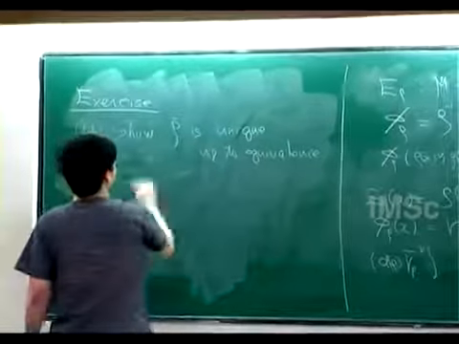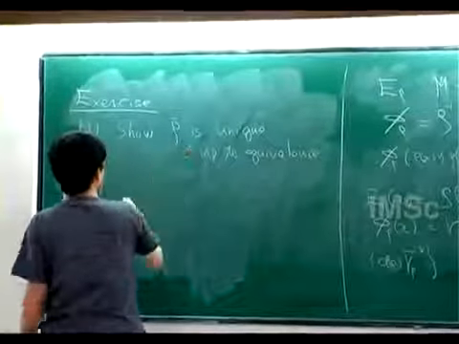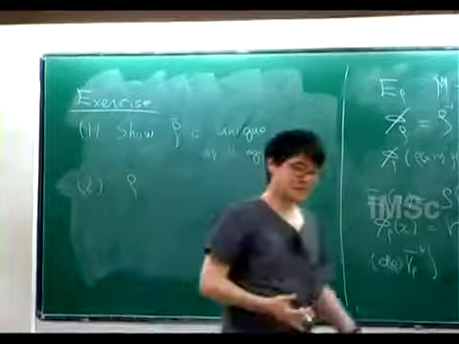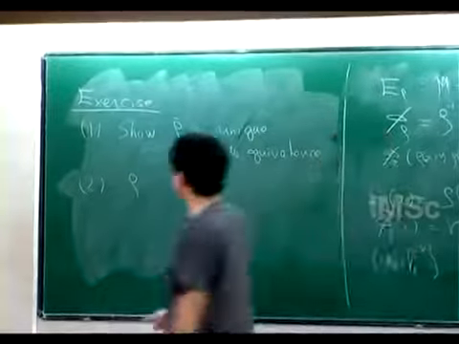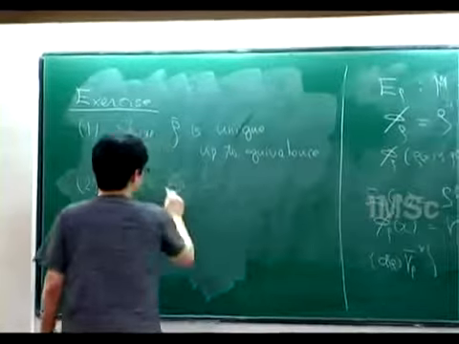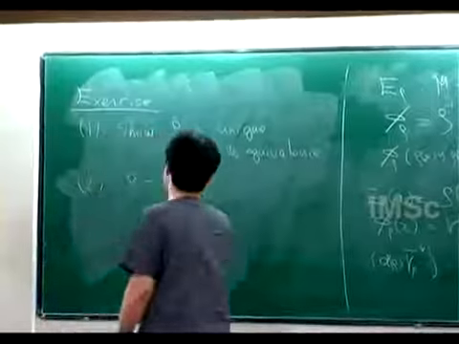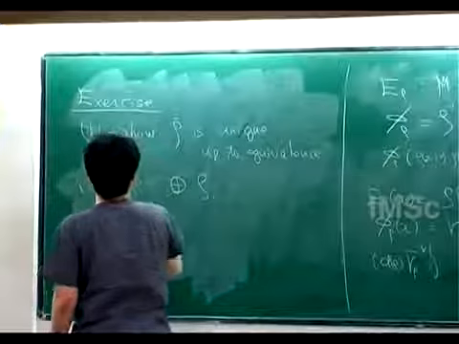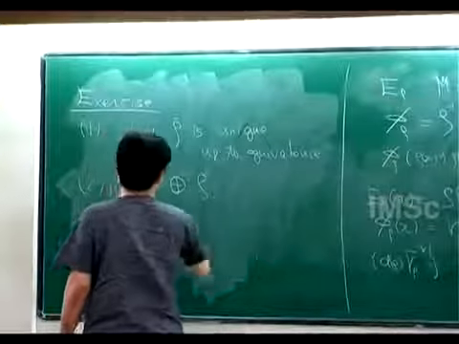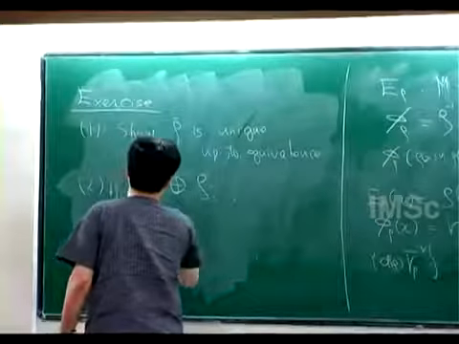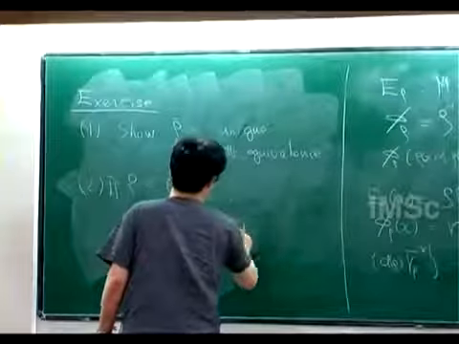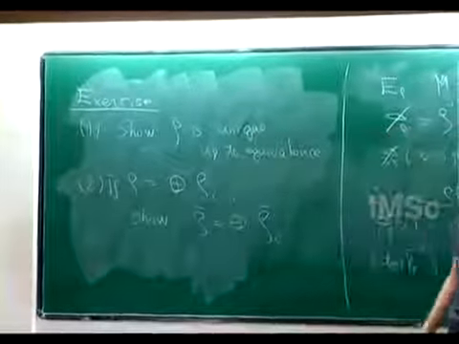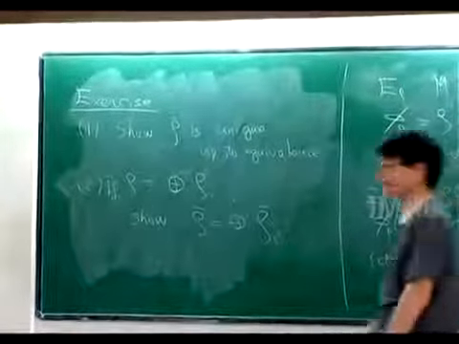And second, after you show the first, then the second one is easy. I didn't assume that rho is irreducible. So if rho has this irreducible decomposition, then rho bar is given by this natural sum.